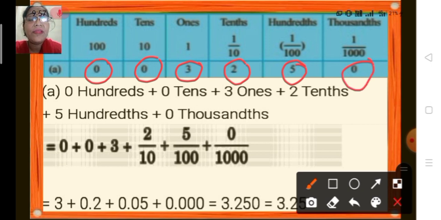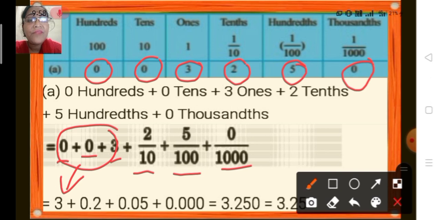Now we will write this in the expanded form as 0 hundreds, 0 tens, 3 ones, 2 tenths, 5 hundredths and 0 thousandths. Children, then the whole part will become 3. Then the fraction 2 upon 10 will be written as 0.2.